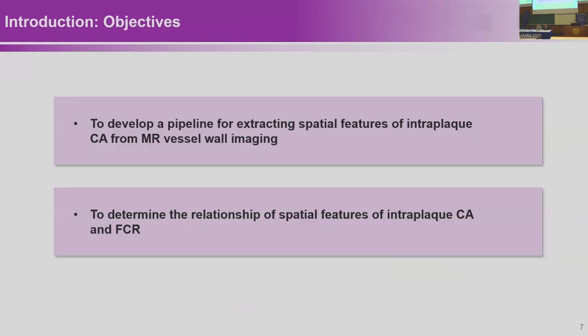So the objectives of this research are, first, to develop a pipeline for extracting spatial features of intraplaque calcification from MR, and secondly, to determine the relationship of spatial features of intraplaque calcification and FCR risk.